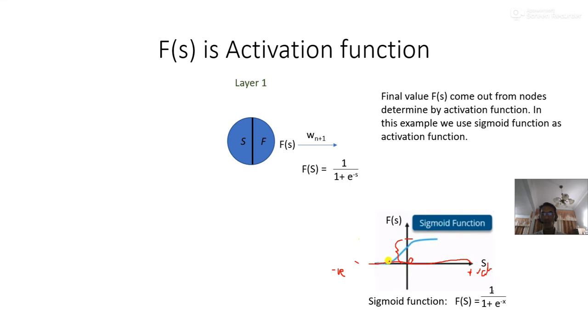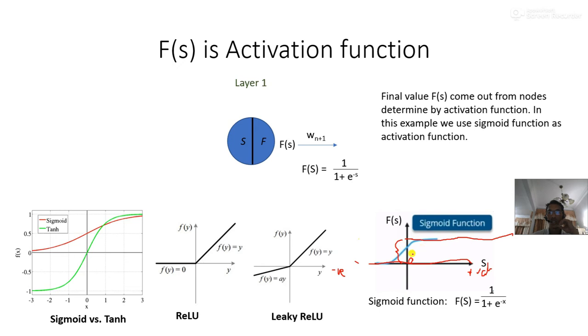So whatever the s, you're gonna make it positive. All the negative will become positive, and all the positive will still be positive, but we have a maximum value here. As it increases, the value remains the same, it doesn't matter how much it increases. So basically it's shaping how the final output is going to be. You don't take as it is what's calculated here, it depends on the activation function. So this is the sigmoid function.